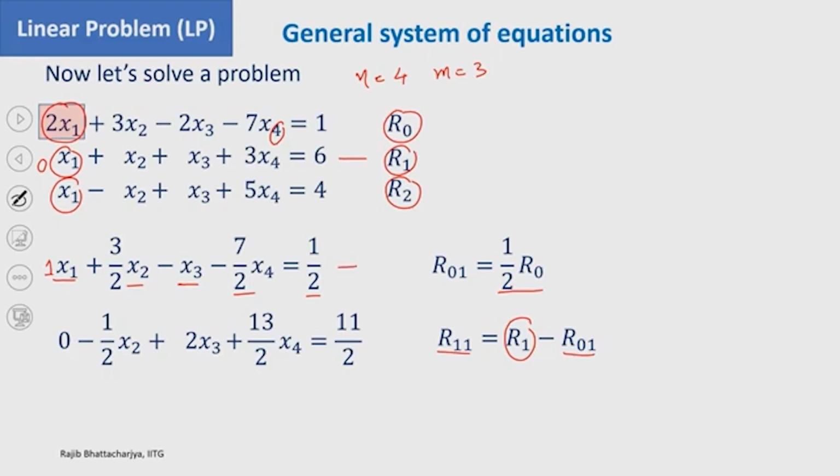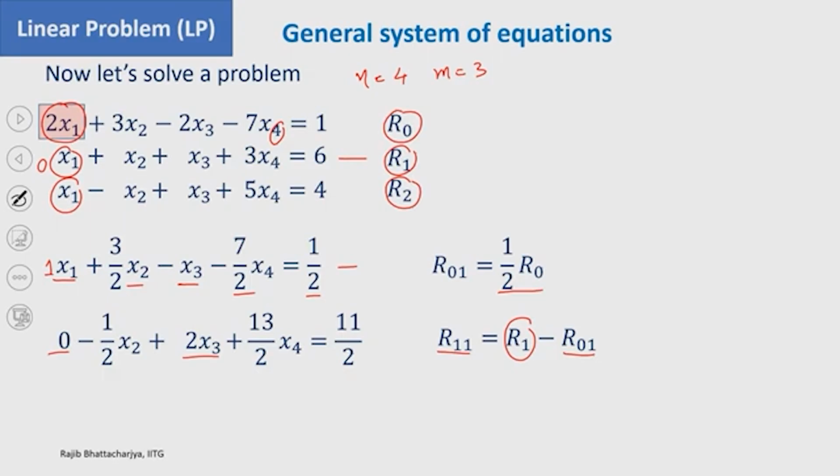If I do that, x 1 minus x 1 gives 0. Then 1 minus 3 by 2 for x 2 gives minus half. Then x 3 minus x 3, so minus minus plus, I get twice of x 3.